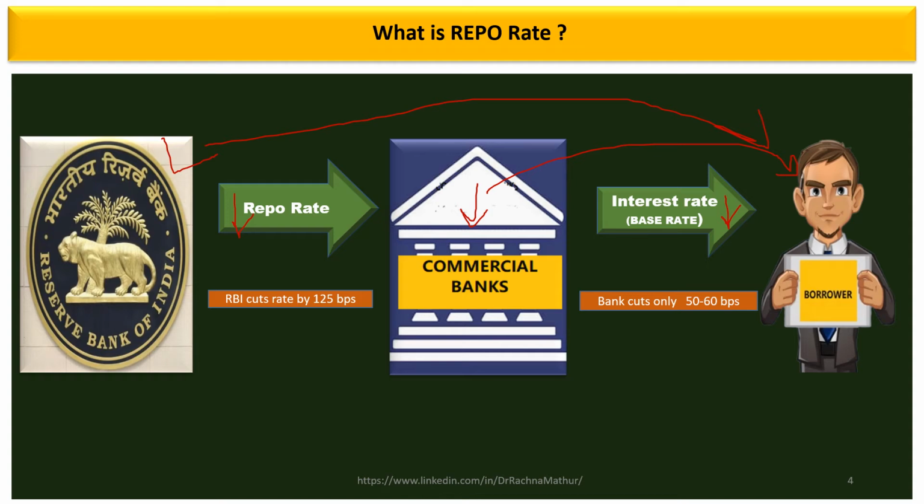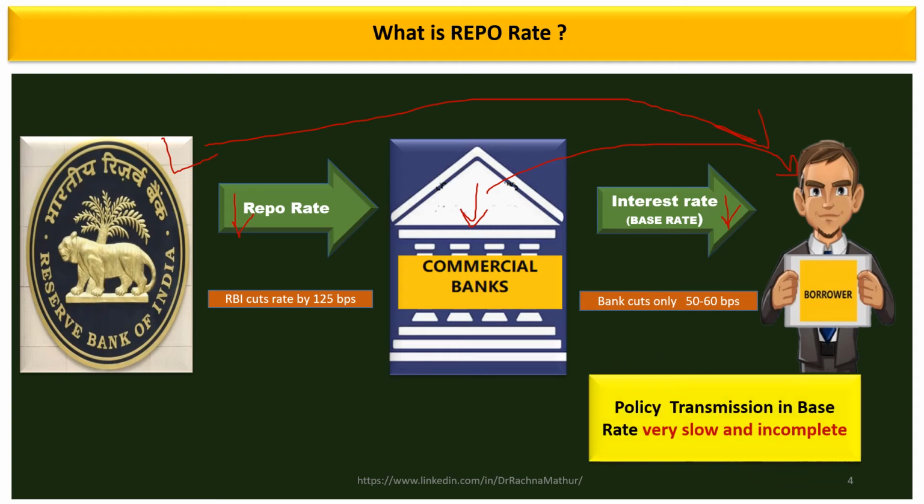So in that way, the base rate system turned out to be very slow and incomplete in the change of the interest rate with the change in the repo rate policy of RBI.